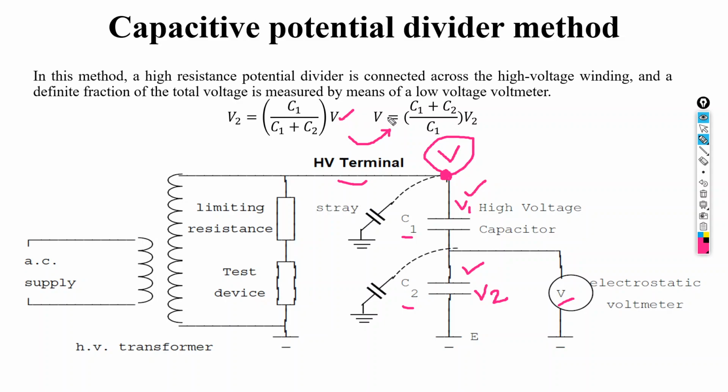If you rewrite this formula, V will be equal to C1 plus C2 upon C1 into V2, where C1 is known, C2 is known, and V2 we can measure with the voltmeter connected across the capacitor C2. Putting all these values in this equation, we can easily determine the voltage at the high voltage terminal.